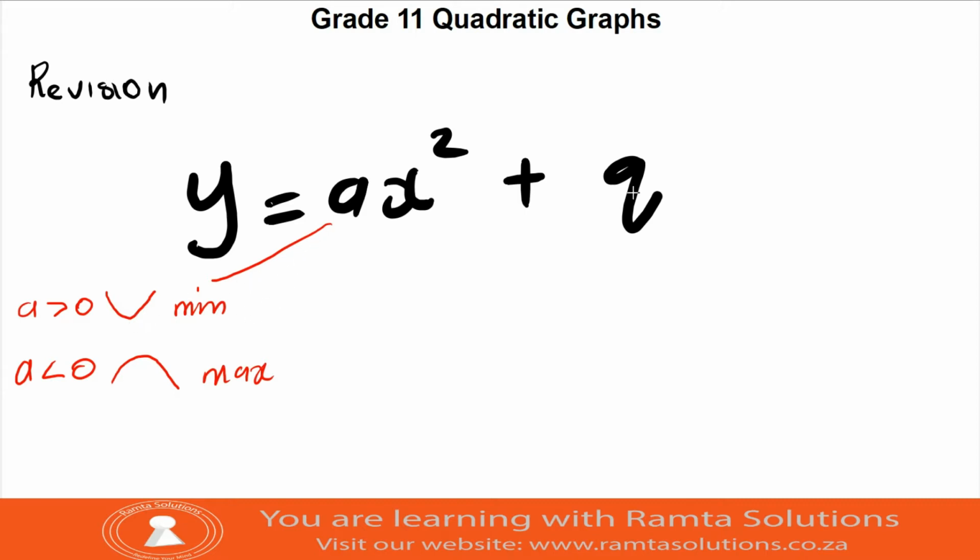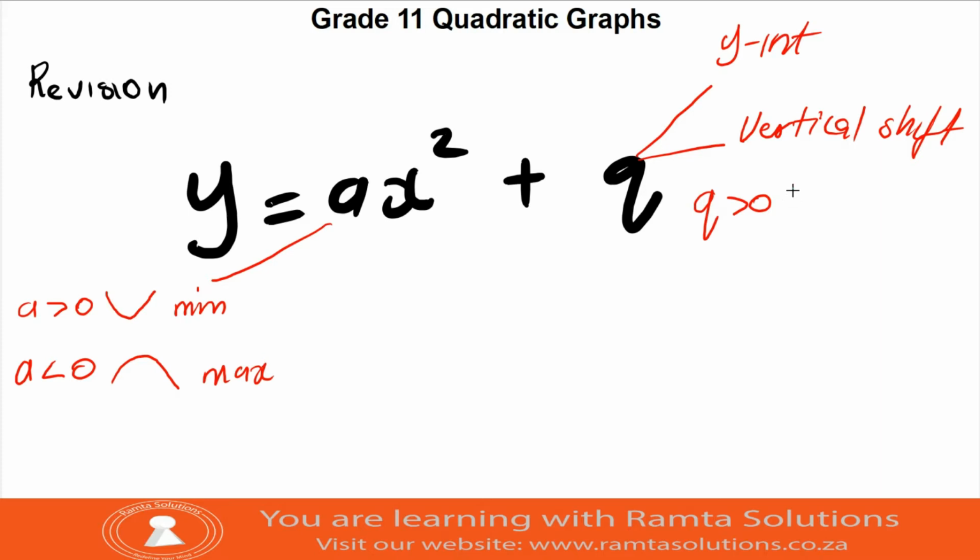And you also spoke about this value being your y-intercept, right? It was also your vertical shift. Remember, you said when q was positive, your graph was shifting up. When q was negative, your graph was shifting down, right?